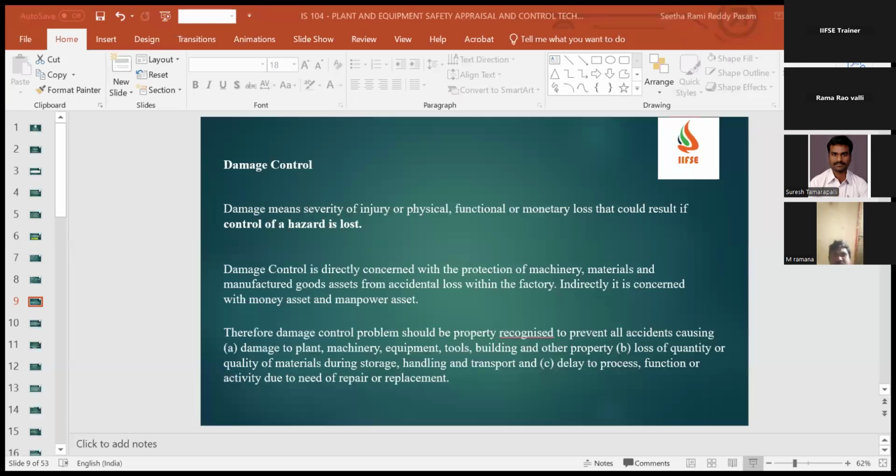So damage happens when you lose control of the hazard. If you take a bike accident, what is the hazard? There are any number: maybe over speed, or interruption, for example while you are riding a bike, any animal intervention is also a hazard, or people intervention, or somebody coming from behind and hitting you.